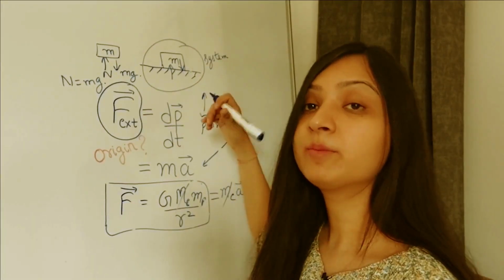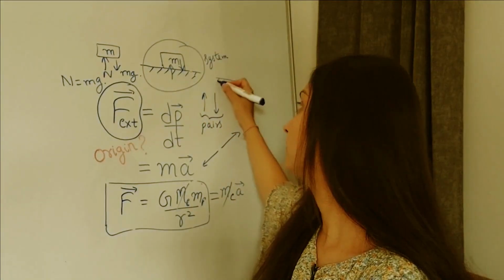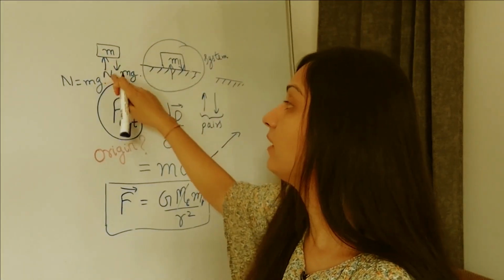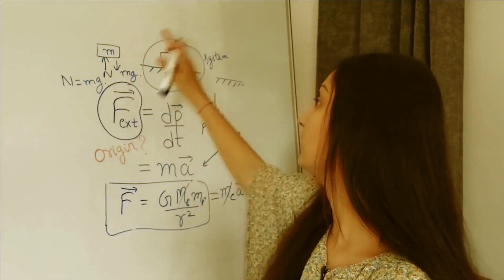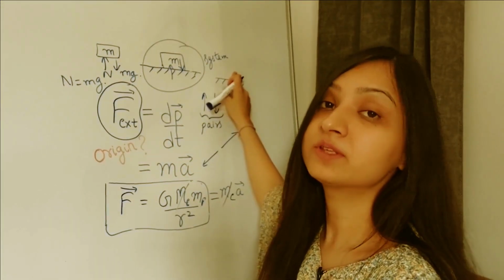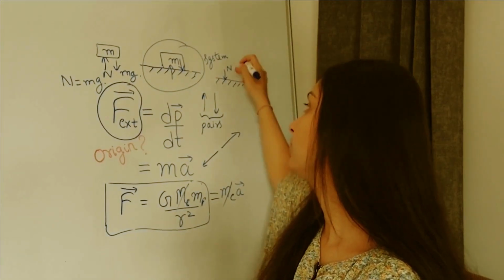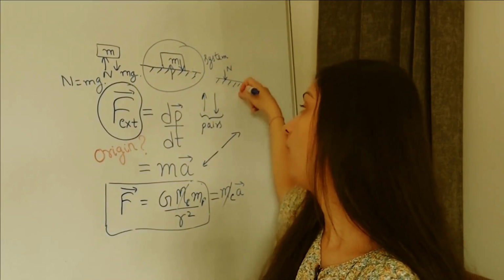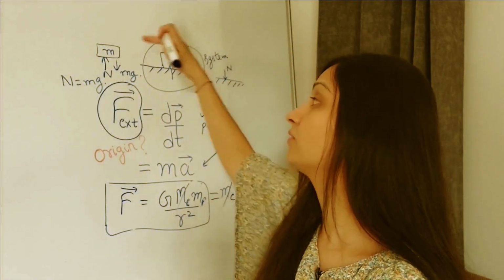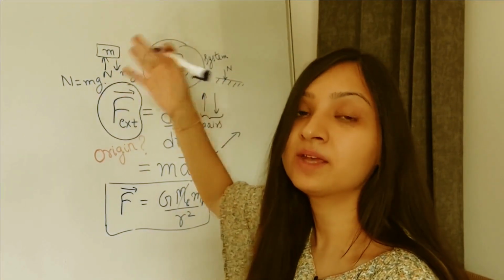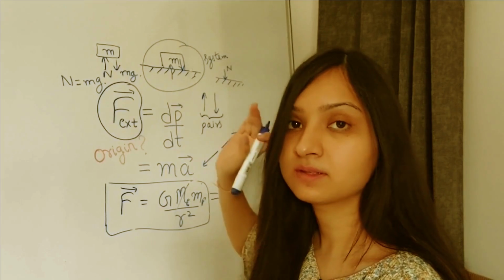Now, if I draw a free body diagram of this rigid surface, we have this equal amount of normal force acting on it in the opposite direction, like this. This is the force experienced on this rigid body because of this mass m, which was kept on this surface.